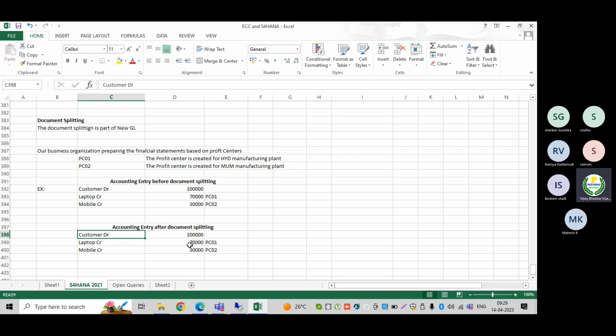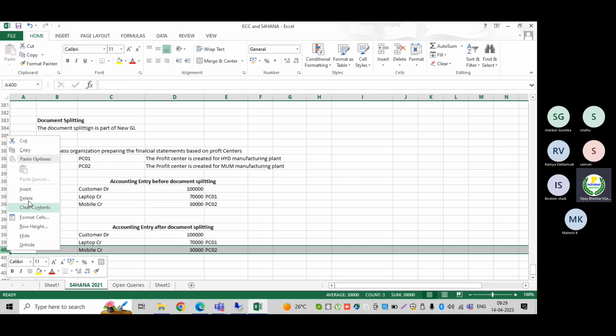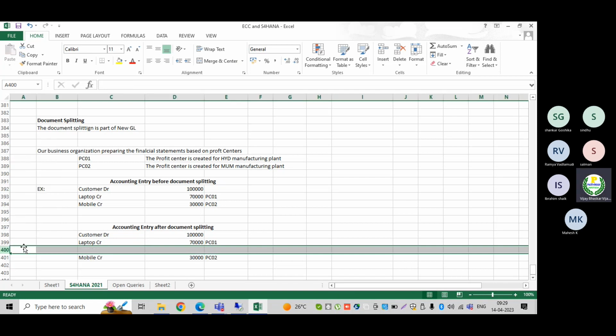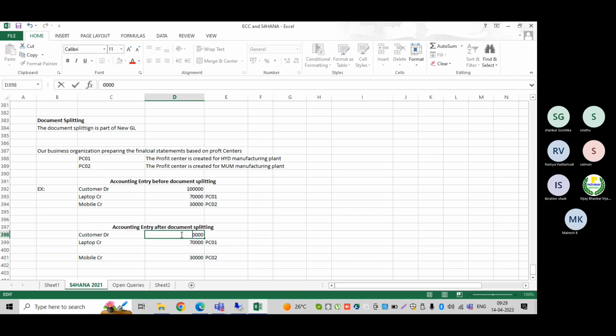In a similar way, you can see here, what will happen? The system is going to split the line items. Here the system will split the line item like this. Customer account 70,000.